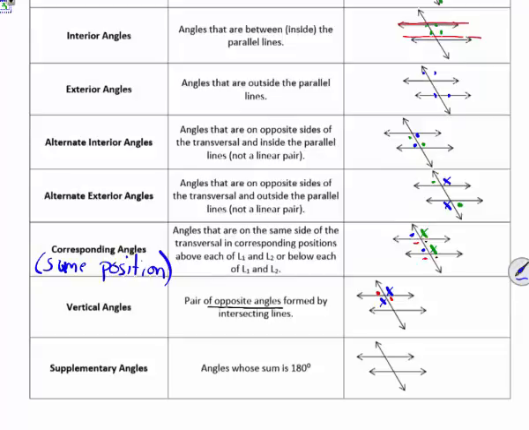Supplementary angles are angles whose sum is 180 degrees. These are also sometimes called a linear pair. Okay, so for example, 1 and 2 are a linear pair. They're on the same line and they add up to 180 degrees.